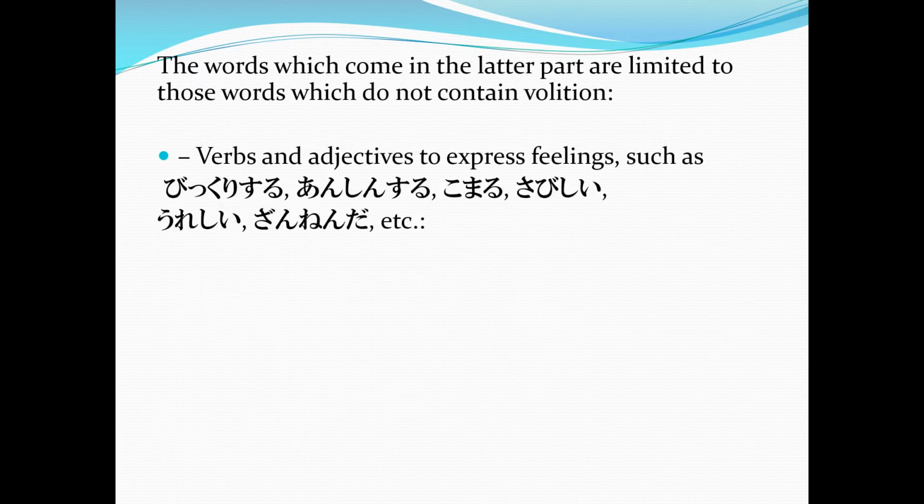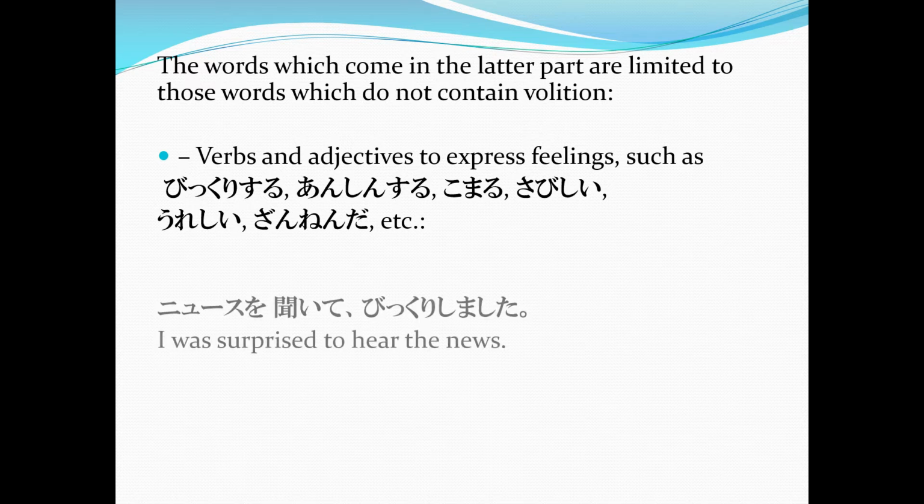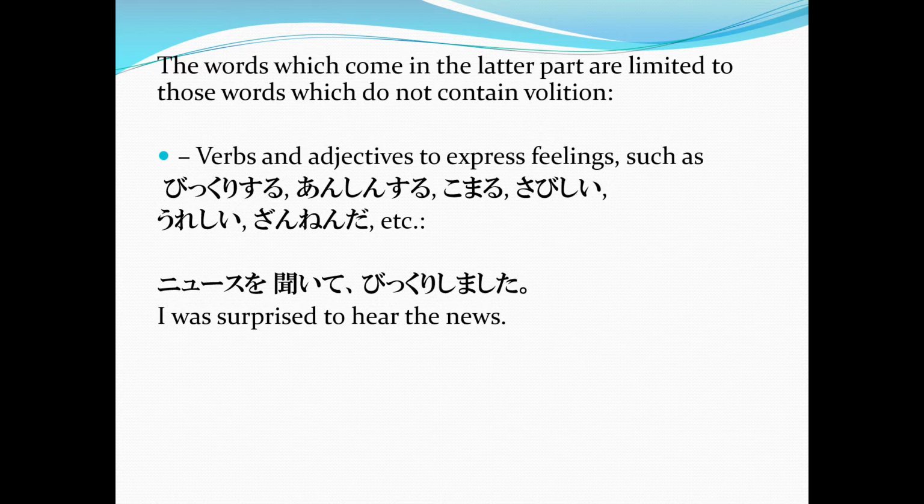For verbs and adjectives, this is used to express feelings such as bikkuri suru, anshin suru, komaru, sabishii, ureshii, and zannen da. Example, ニュースを聞いてびっくりしました。I was surprised to hear the news.